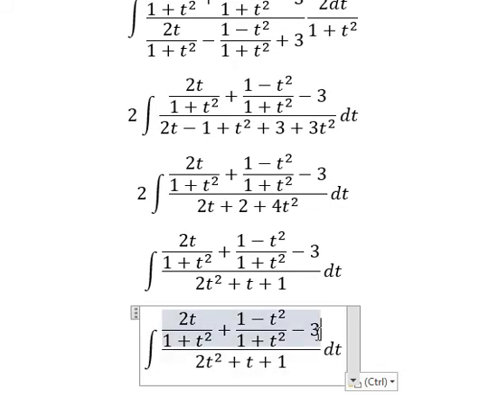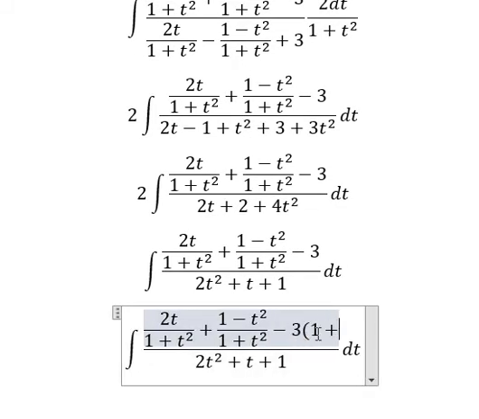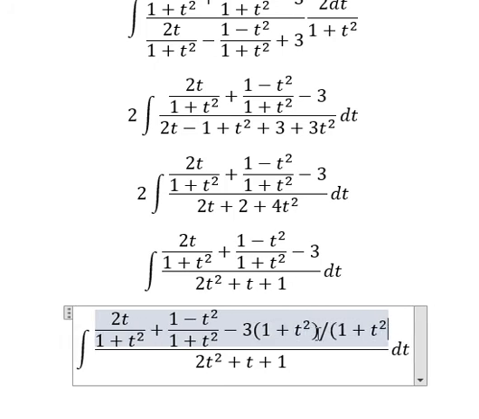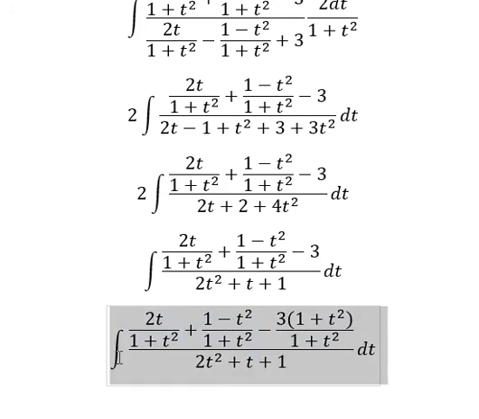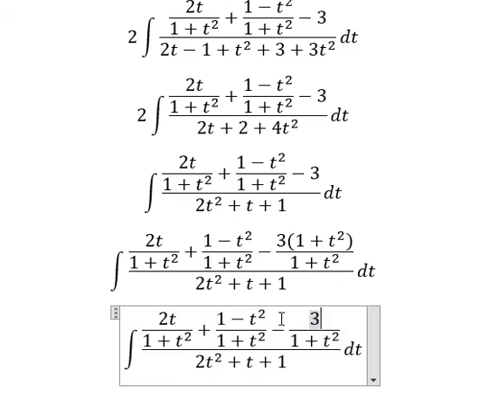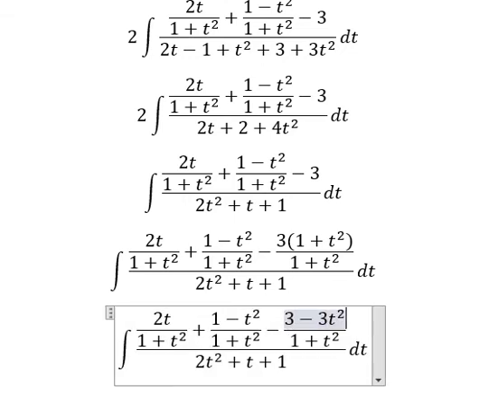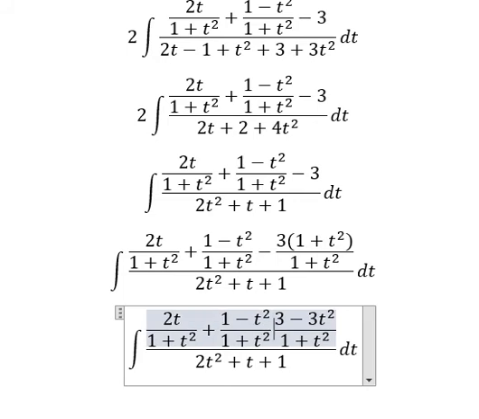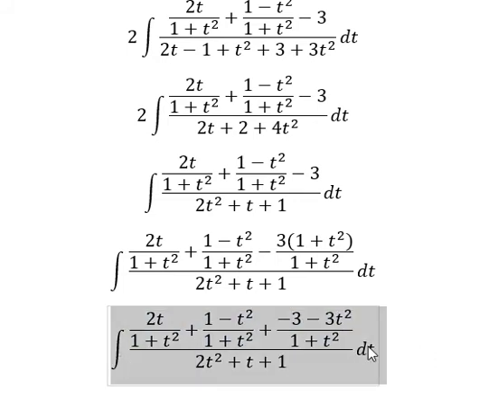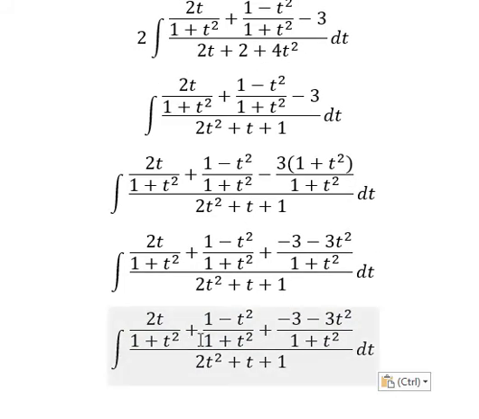This number 3 in here we multiply by 1 plus t squared over 1 plus t squared. So you get negative number 3 and negative 3t squared. And now we combine three fractions in here.